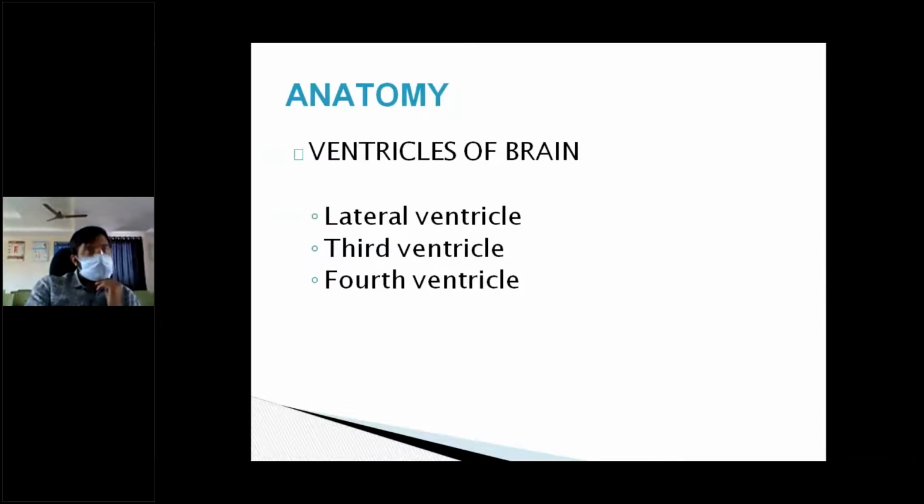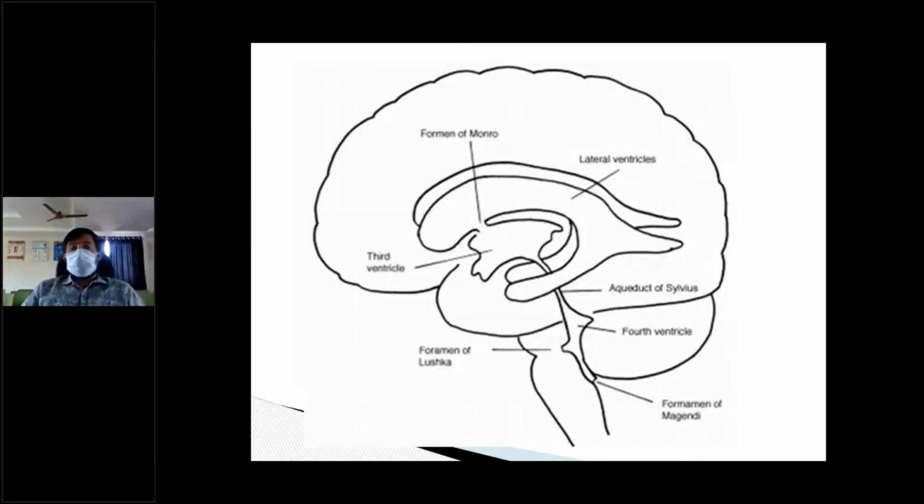Anatomy. The ventricles of the brain. There are four ventricles, that is the lateral ventricles, the third ventricle, and the fourth ventricle, which are mostly involved. So this is the anatomy of the brain, involving the ventricles and the communication of all the ventricles.